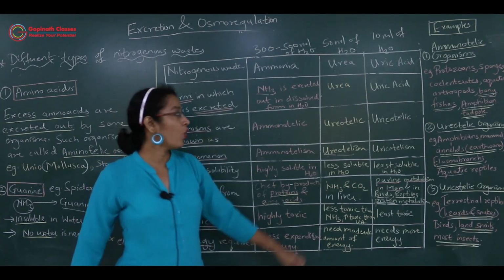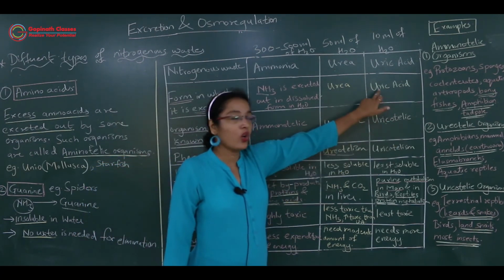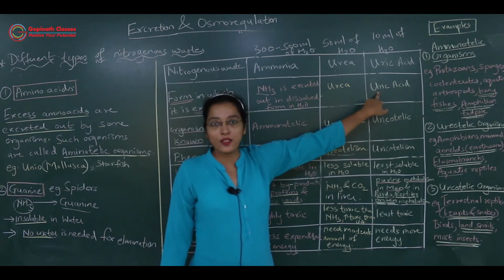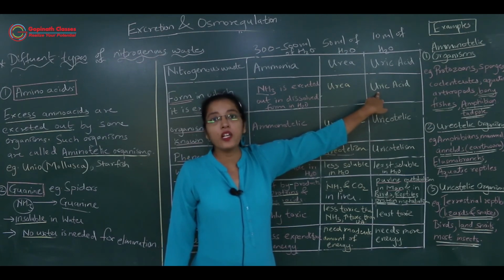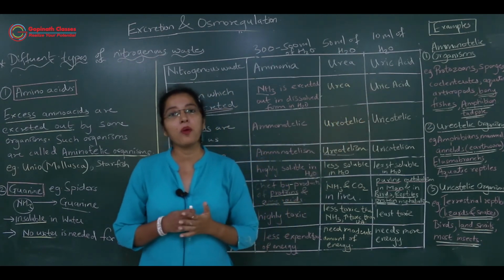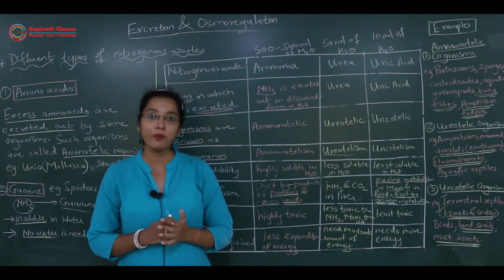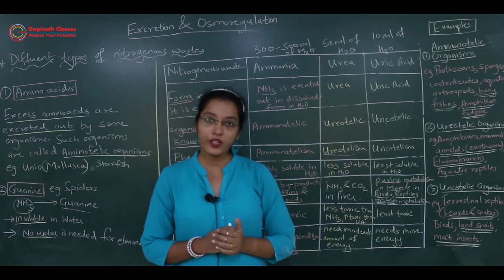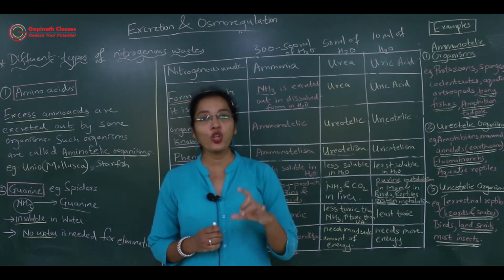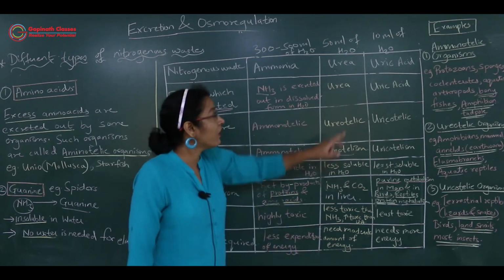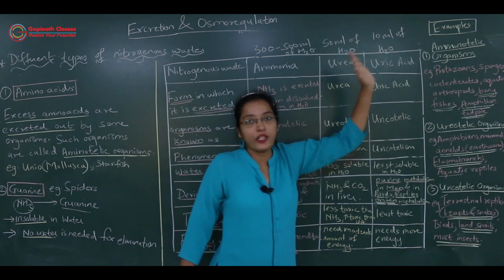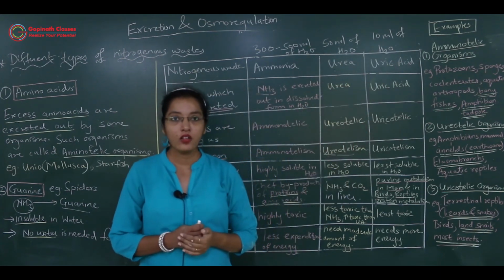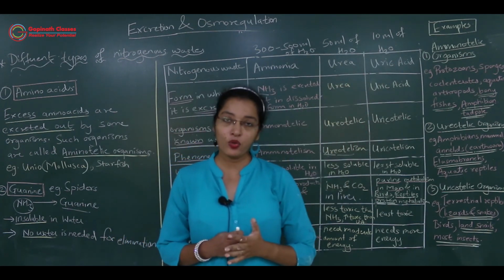These organisms need very little water for elimination of 1 gram of uric acid. So for elimination of 1 gram of uric acid, 10 ml of water is needed. So very little water.